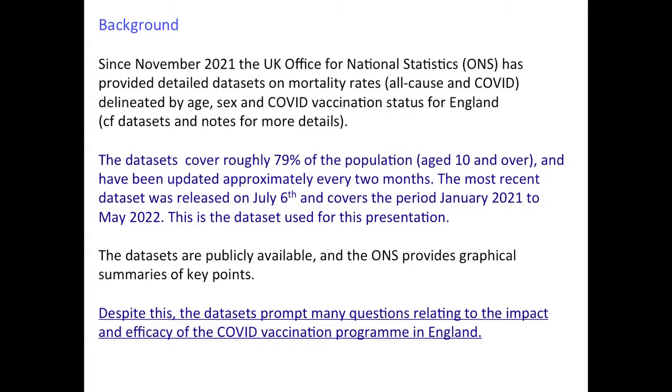The datasets cover about 79% of the population of England, of those aged 10 and over. We'll be using the most recent dataset, and this covers the period January 2021 to May 2022.